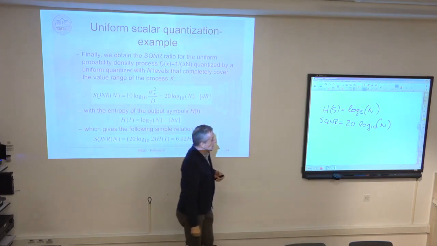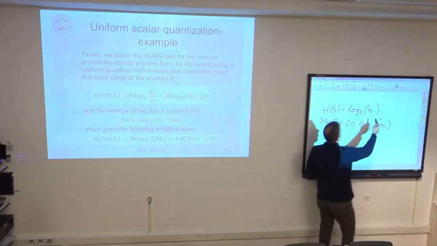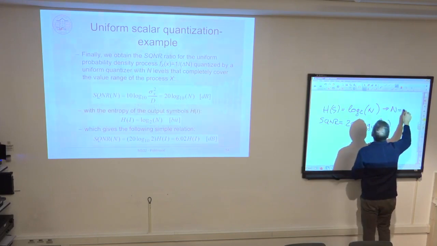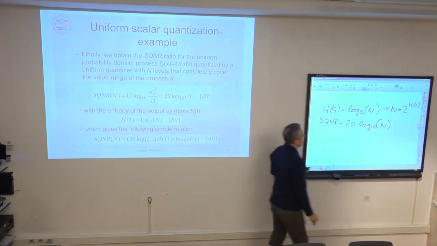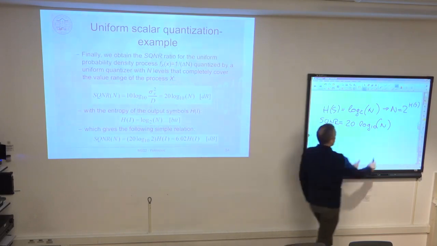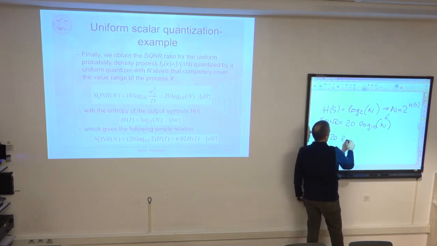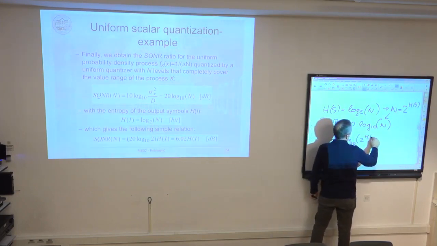Okay? Now I can, for example, express this n here as 2 to the h of s to simplify. So this number of levels is 2 to the power of entropy. Okay? And if I introduce it here, this is then 20 logarithm base 10 of 2 to the power of h of s.